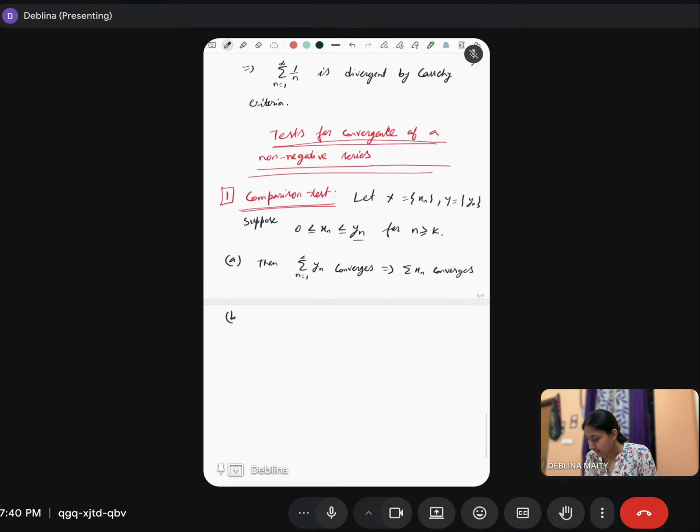And the other one is that if the smaller one diverges, then the bigger one will also diverge, right?